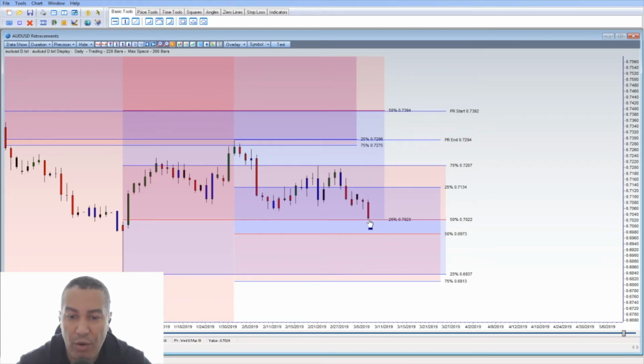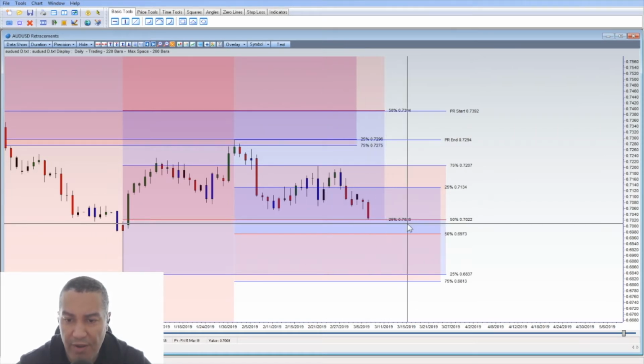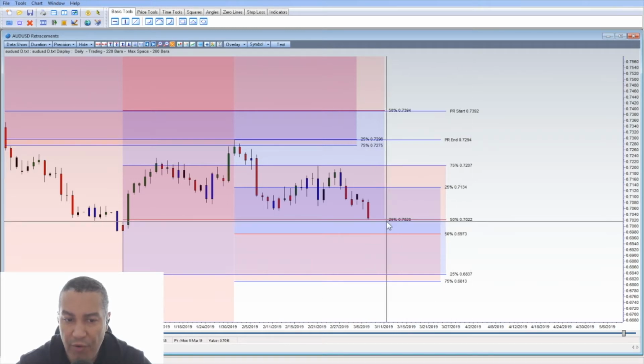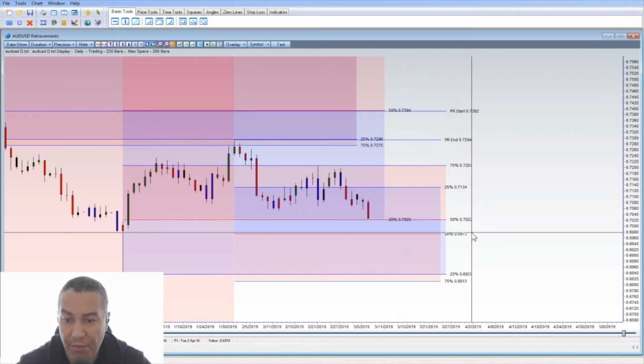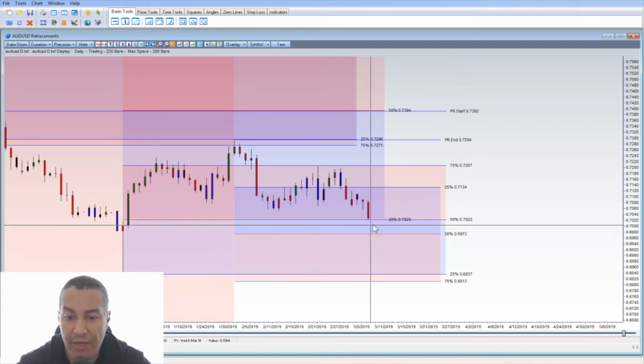So that's where we're holding right now. You can see there is some support here. And if you do the retracements, you can see there's a 25 and a 50. If we can't hold that, then there's another 50%, which is at 69.73.